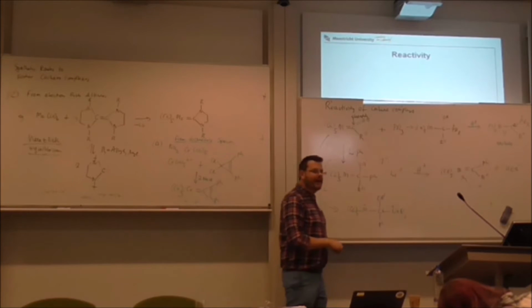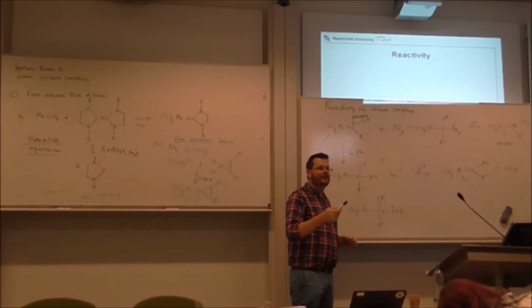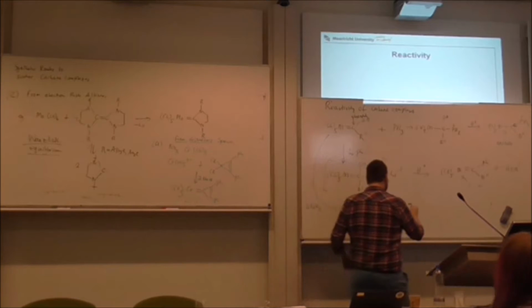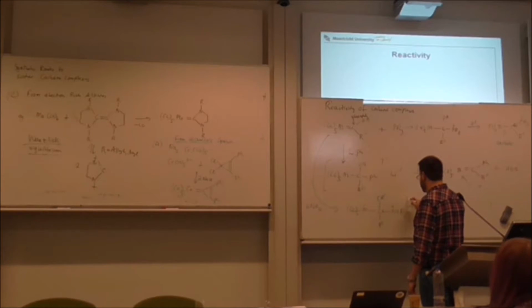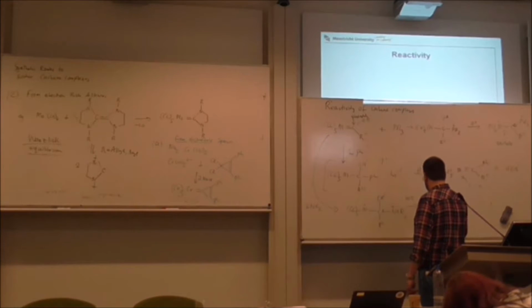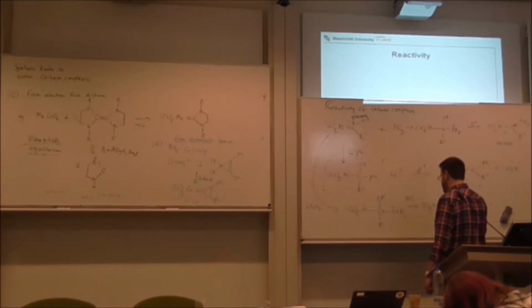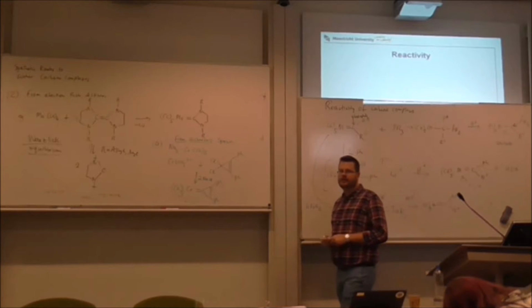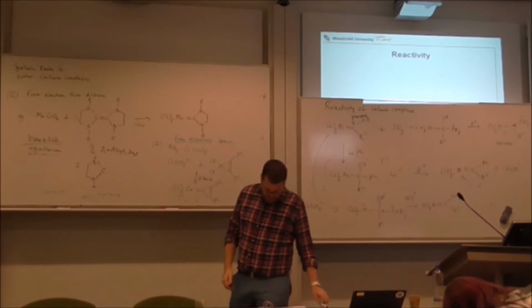Elimination of hydrogen? Elimination of the alkoxide. We're going to eliminate HOR and we're going to get an amino Fischer carbene. There we go. You see that? You can predict the reactivity.